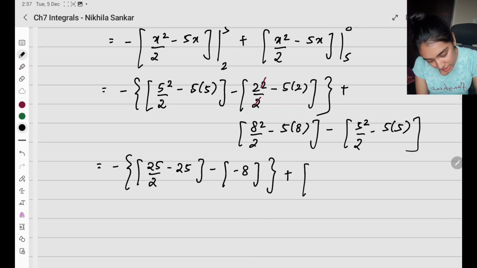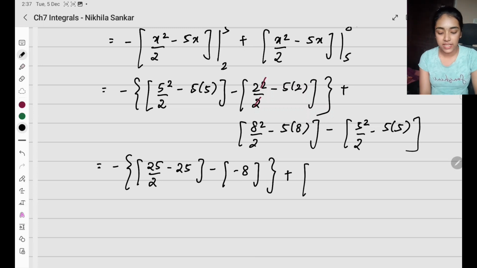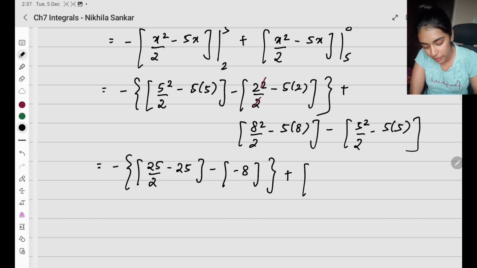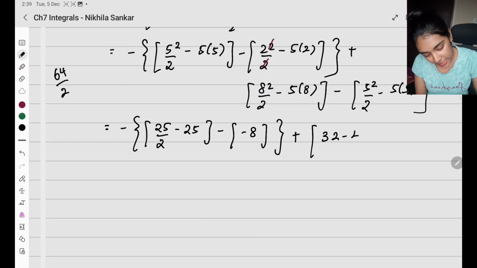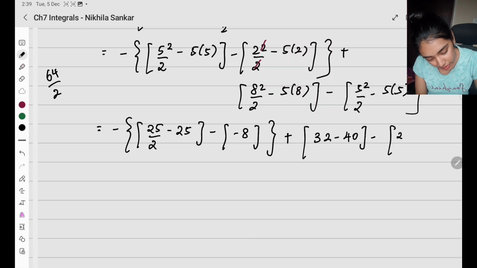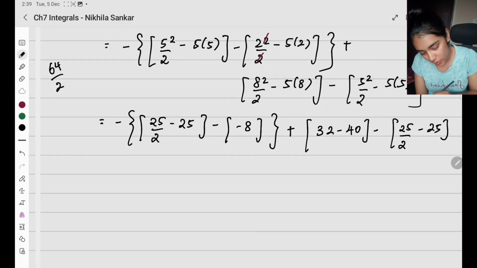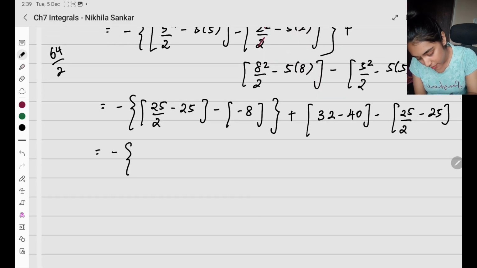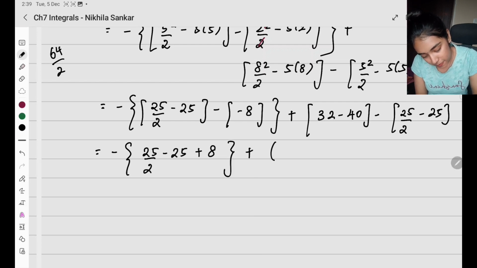Plus, when I open this, this gets cancelled. 8 8s are 64, 64 divided by 2 is 32, minus 8 5s are 40, minus, in the bracket, I have 5 square which is 25 by 2 minus 5 5s are 25. Okay, now when I open the bracket, minus stays as it is: 25 by 2 minus 25 plus 8, minus into minus. Then this becomes 32 minus 40 is minus 8.